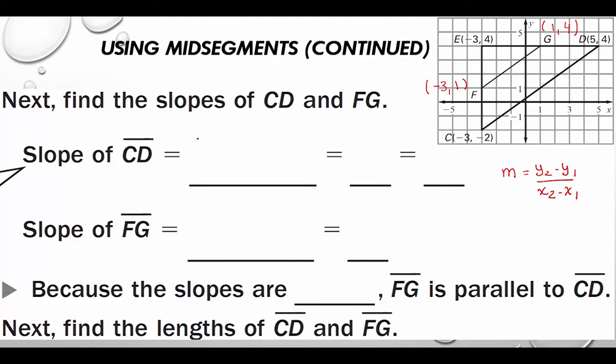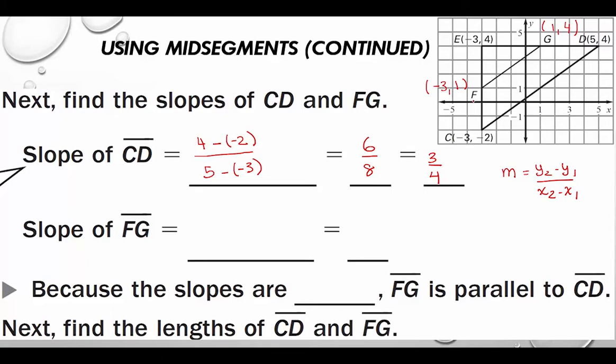So we have 4 minus a -2 over 5 minus a -3. 4 minus a -2 is 6. 5 minus a -3 is 8. 6 and 8 can be simplified to 3 over 4.